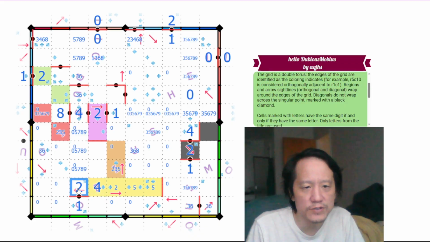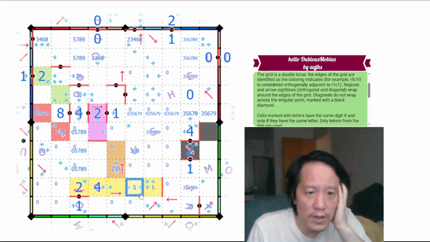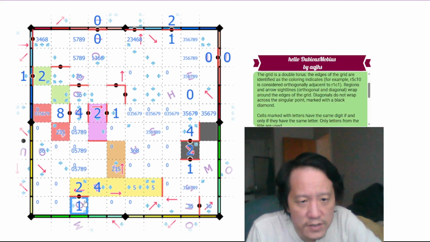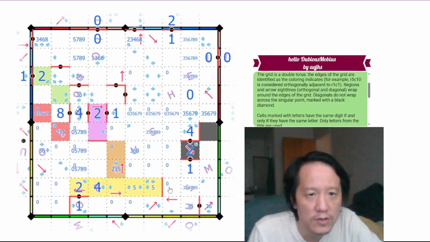This sees 4. This is 2. This can't be 2. Well, we already knew that. This is in the same region. This sees 1, so this must be a border here, and it cannot go to this cell here.